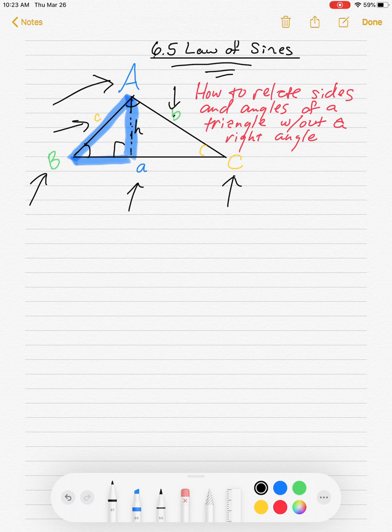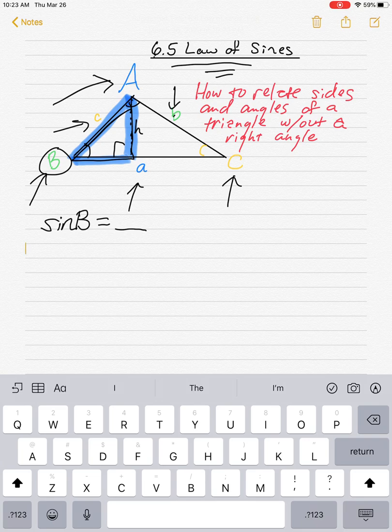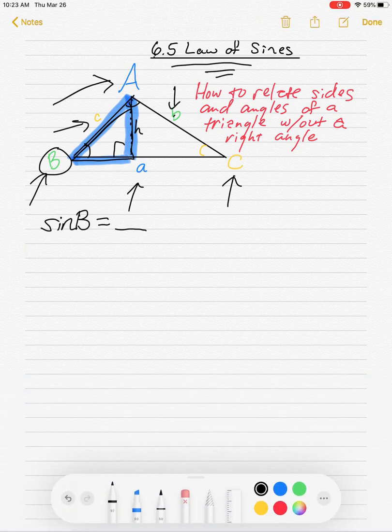So what if for that triangle I write in the sine? In that case it would be the sine of the angle B. So for this right triangle, the sine of that angle would be H, that's opposite, over C, that's the hypotenuse.